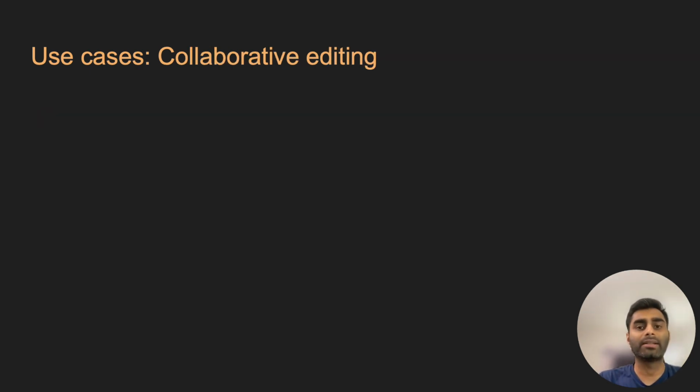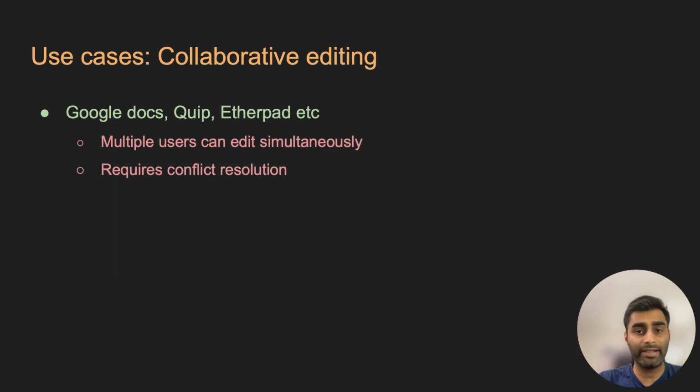Another use case is real-time collaborative editing applications. They allow several people to edit a document simultaneously. For example, Google Docs and Etherpad allow multiple people to concurrently edit a text document or a spreadsheet. In Google Docs, when one user edits a document, the changes are instantly applied to the local replica, which is the state of the document in the web browser or client application.